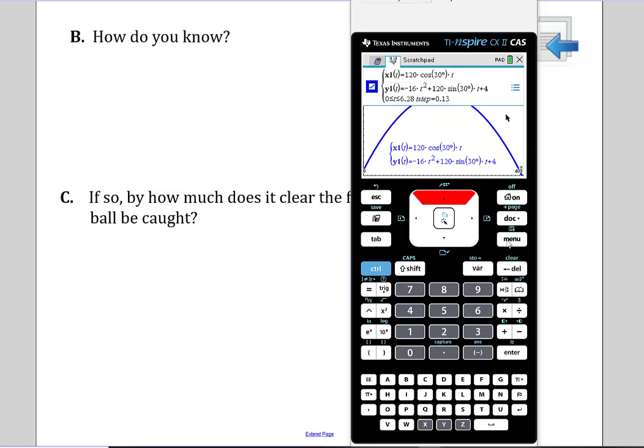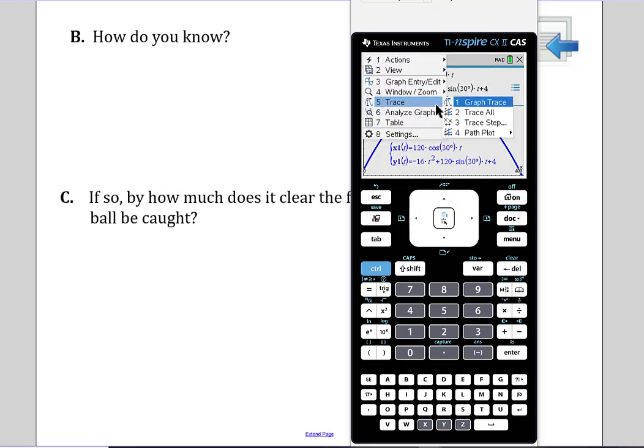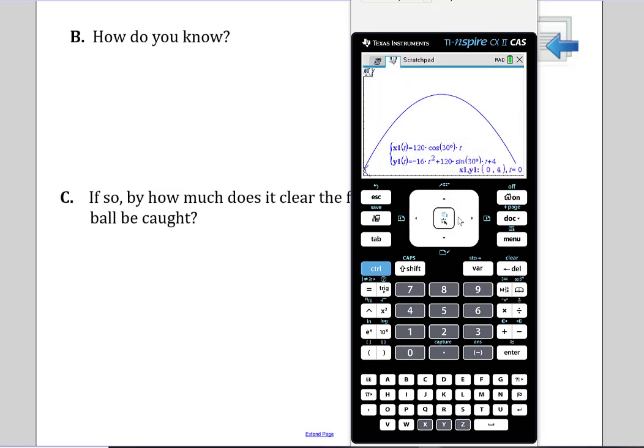So I guess we could trace that. Trace along there, and come out here to where it's coming down. Well, right in there, the ball's at like 23 feet tall, 27 feet tall.